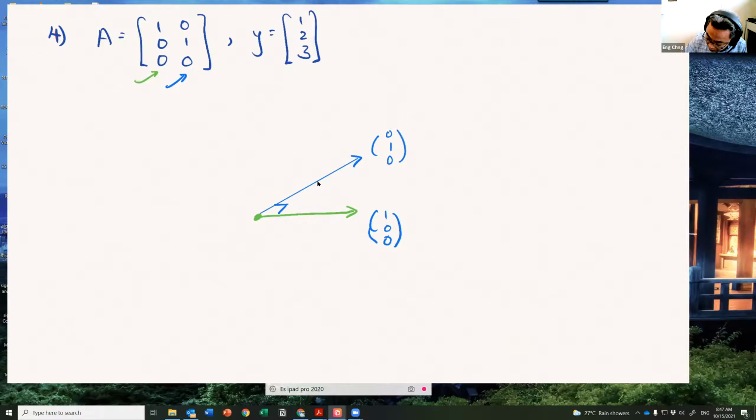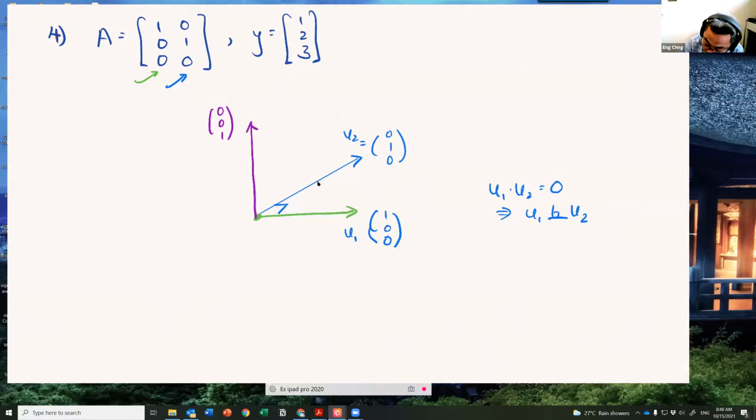So let's call this U1 and let's call this U2. U1 dot U2 equals 0, implying U1 is orthogonal to U2. All right, what about the last space? Actually it is here. So this is 0, 0, 1, but unfortunately we don't have that.